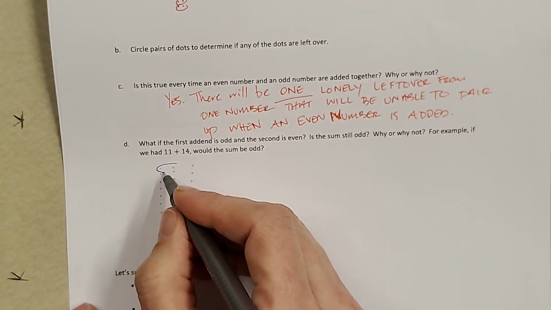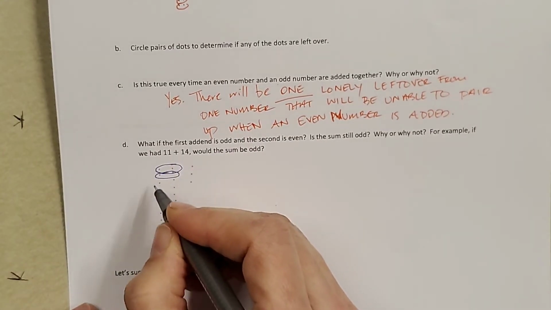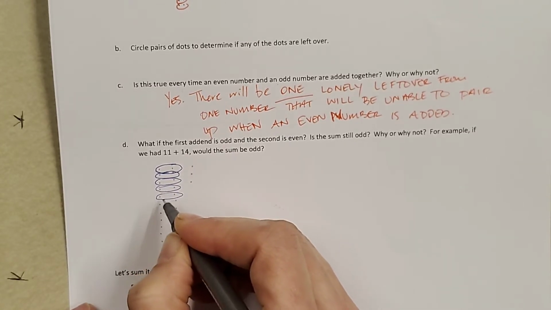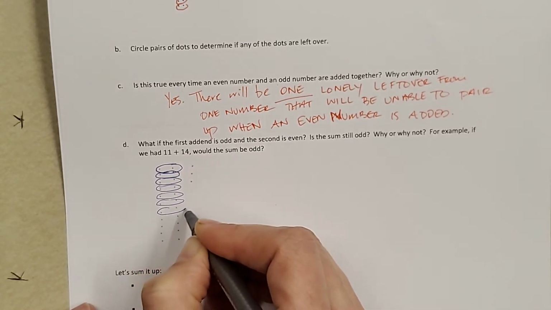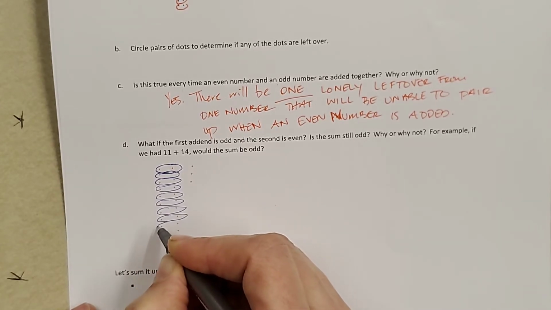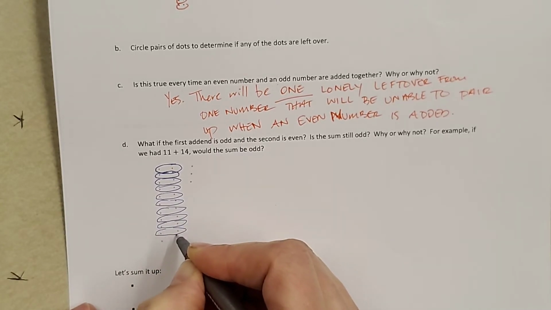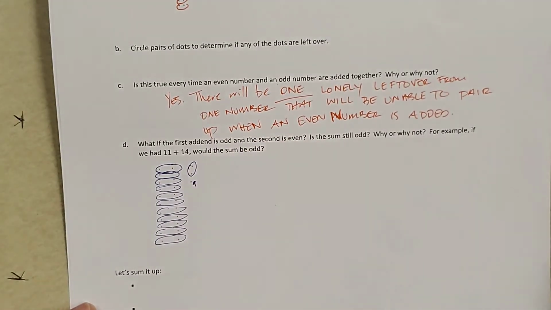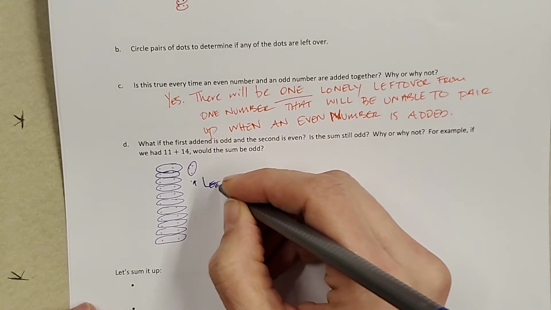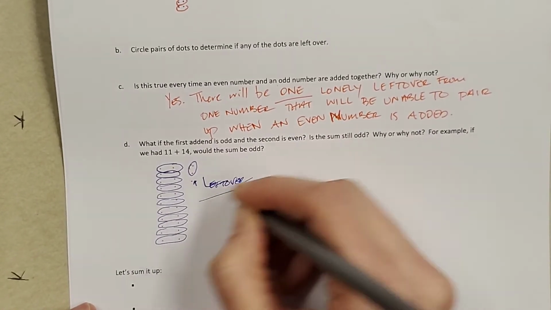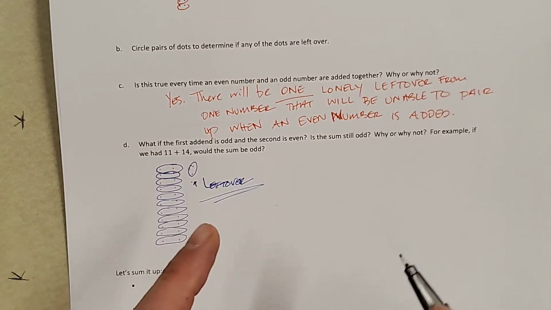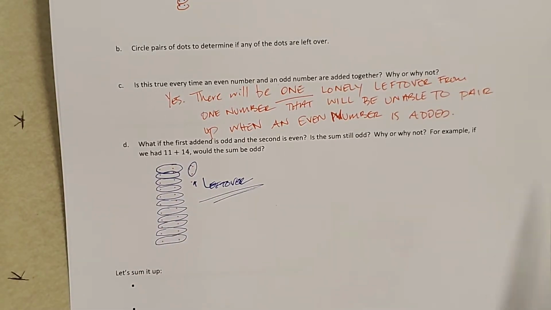Circle some pairs. Uh-oh, got a leftover. So it turns out it doesn't matter what order, odd or even or odd. If you add an even number and an odd number, your answer will be odd.